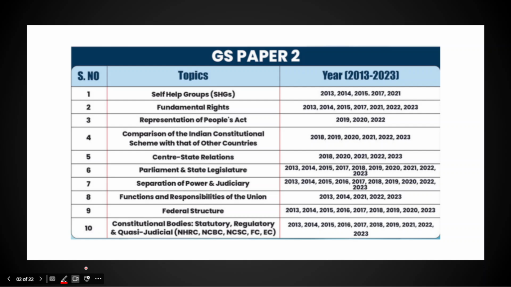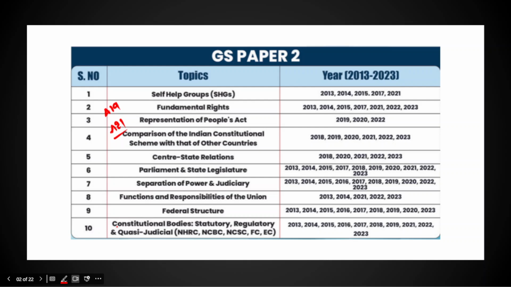And apart from that, you can also see the fundamental rights which are enshrined in the Indian Constitution. They are very important, particularly Article 19 and Article 21 of the Indian Constitution, because Article 21 is very dynamic and evolving in nature.